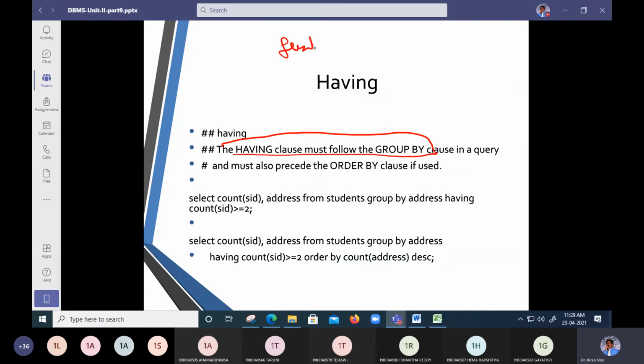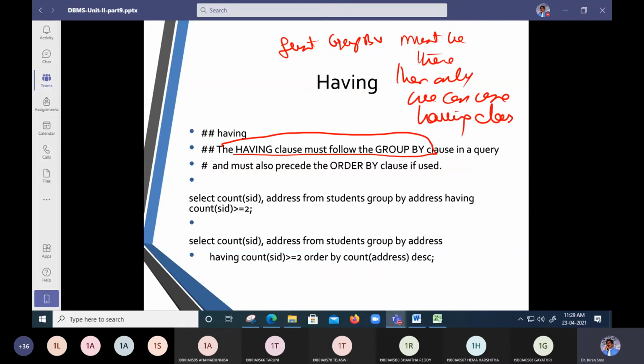So first group by must be there, then only we can use the having clause. This is the compulsory condition. After using the group by only, we have to use the having.